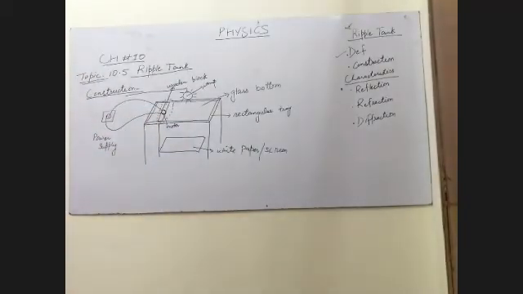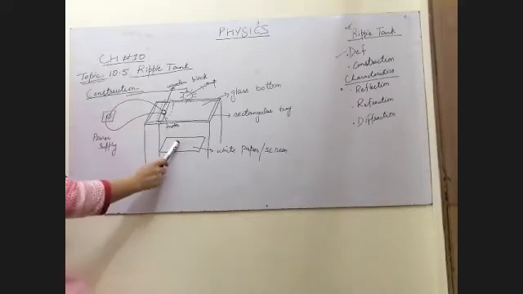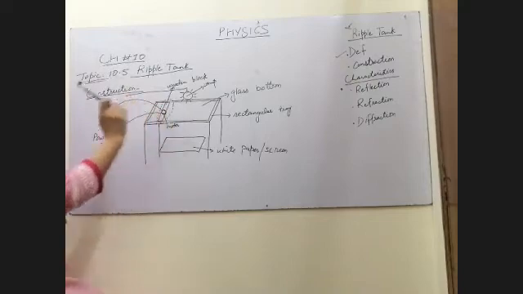So what is the main purpose of this? Why do we place this white paper underneath the table, and why is there a lamp connected over the whole device, that is the ripple tank?